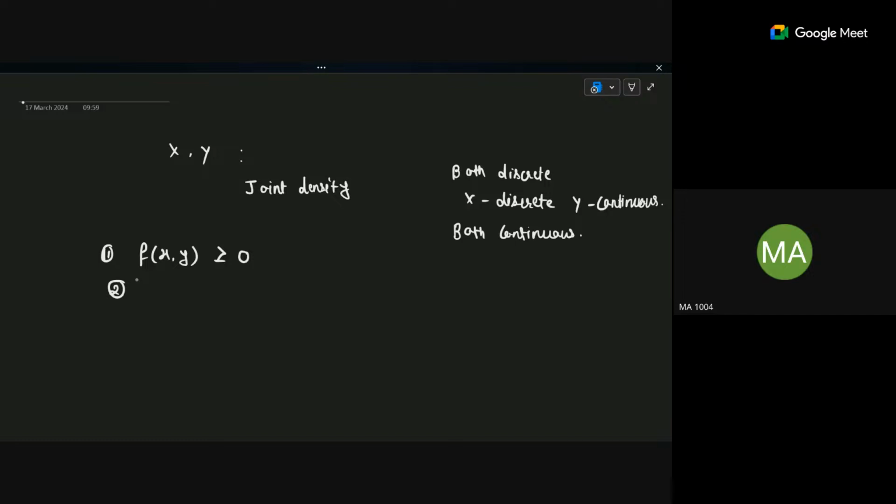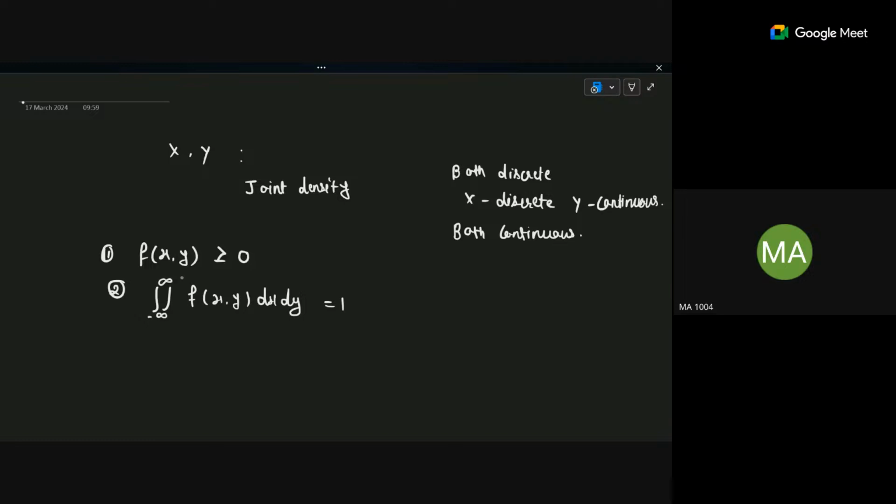We have two random variables, so it is the double integration over the support of x and y, not only the support of x. The double integral of f of x comma y dx dy is equal to 1. That means when you consider all the possible events, it should sum up to 1, say negative infinity to positive infinity.